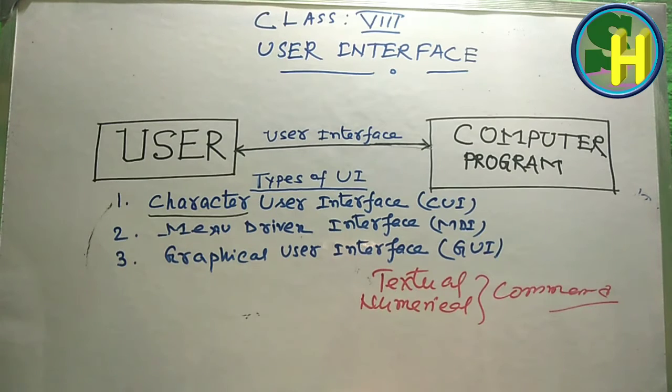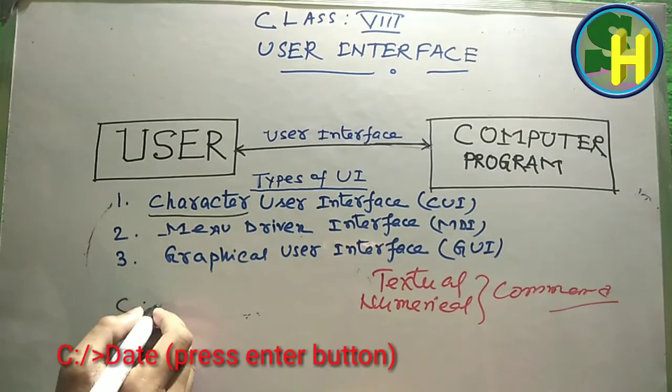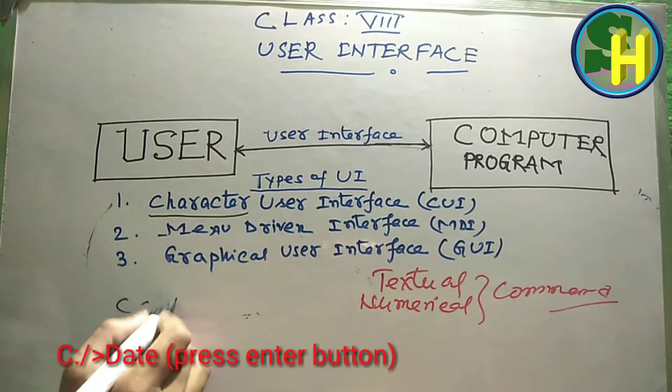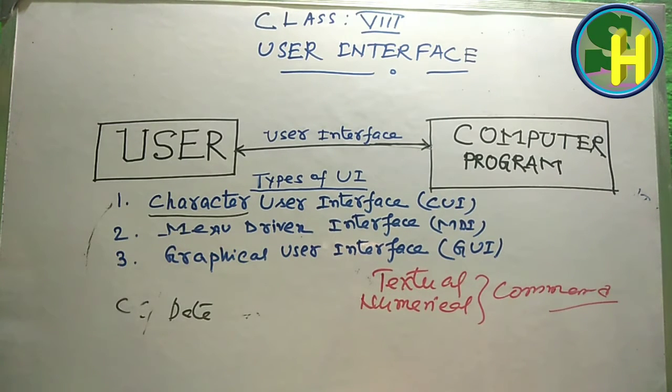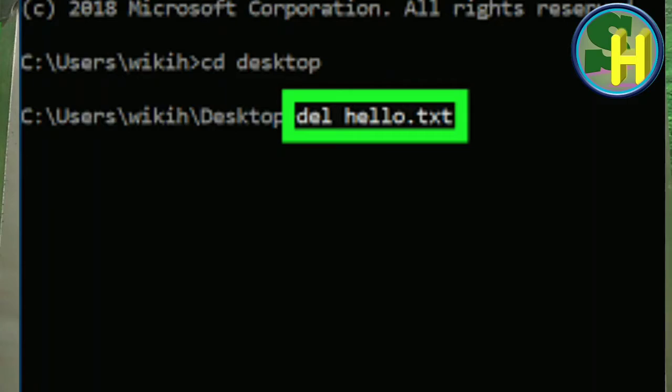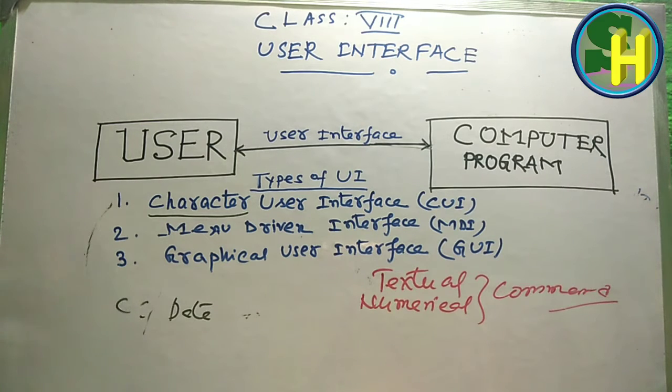If you want to show today's date, you have to give C colon slash and date, so the computer can give you the exact date of today. You just have to write the different types of codes. If you want to delete some files, you have to write the codes in the programming area.